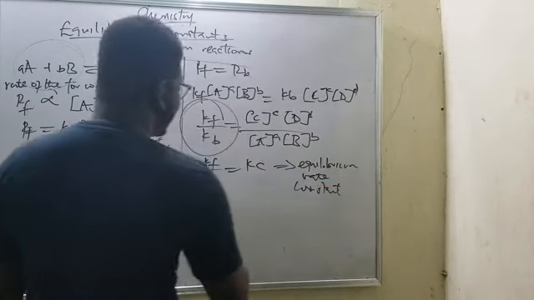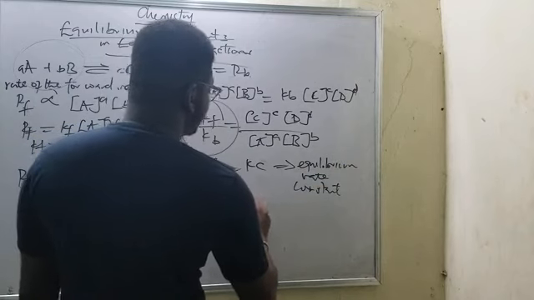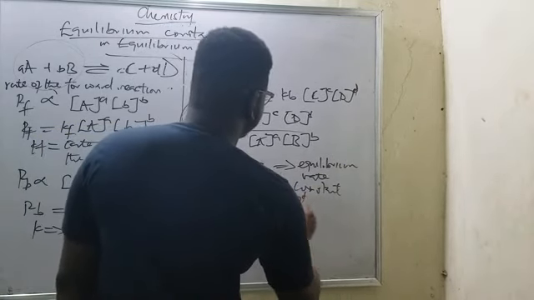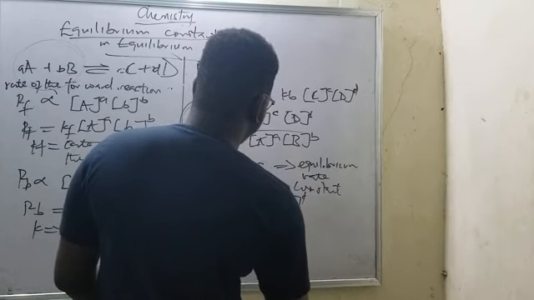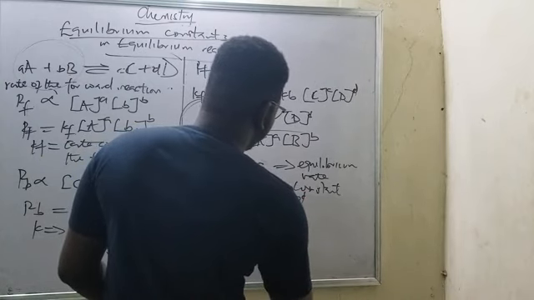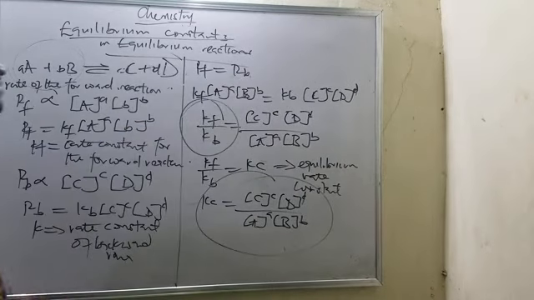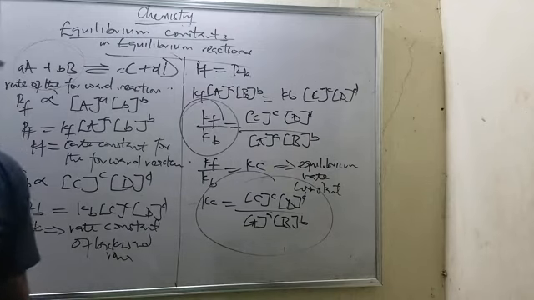So it could be said that Kc is equal to the concentration of C and concentration of D over the concentration of A and concentration of B. So we have derived the equilibrium rate constant from a hypothetical equation.